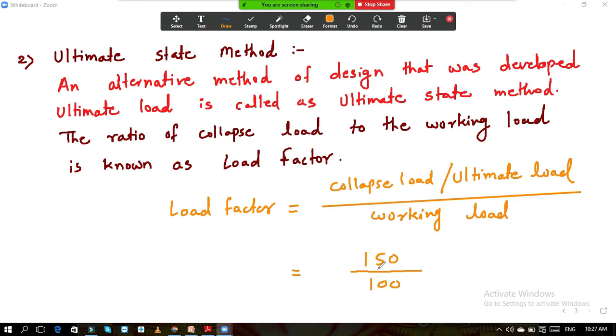That is the purpose behind it. So if you do the calculation, you will get the value 1.5. So this 1.5 is nothing but your load factor, or this is also called factor of safety. This is introduced by the ultimate load method for the first time.